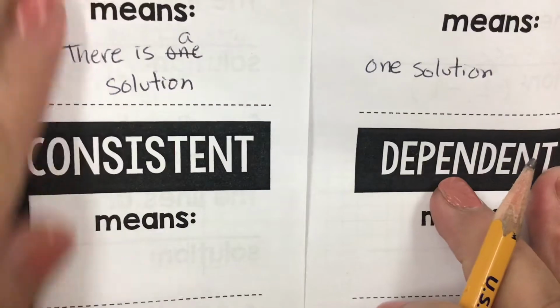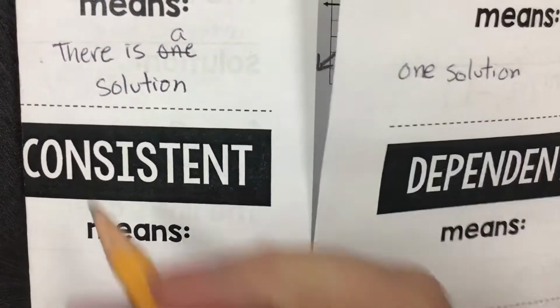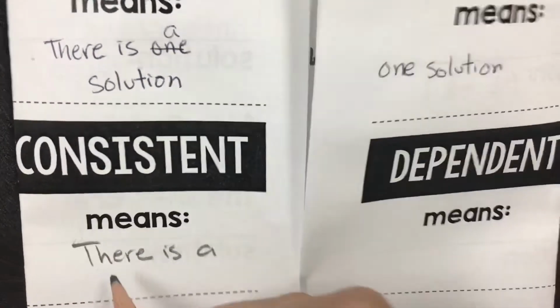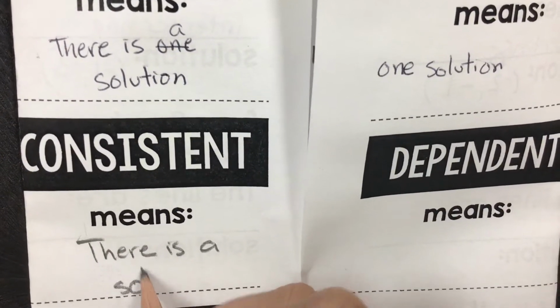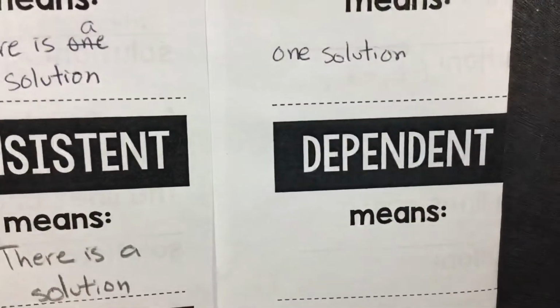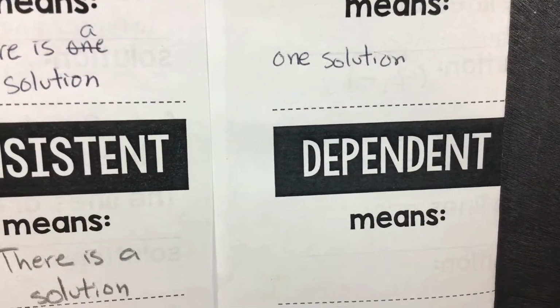Okay, to be consistent means that there is a solution, like there exists a solution. And dependent means that there's infinitely many.